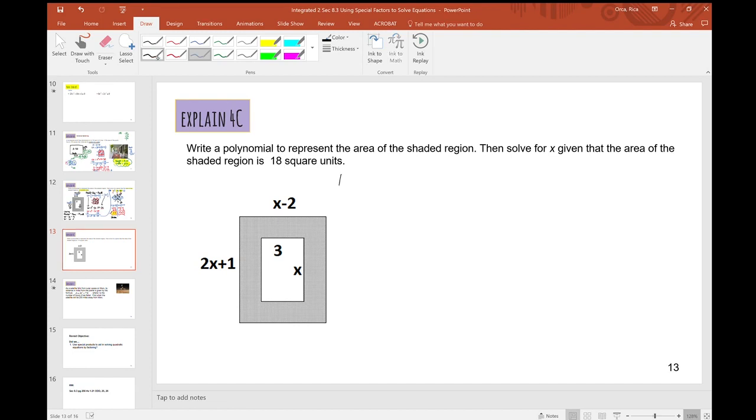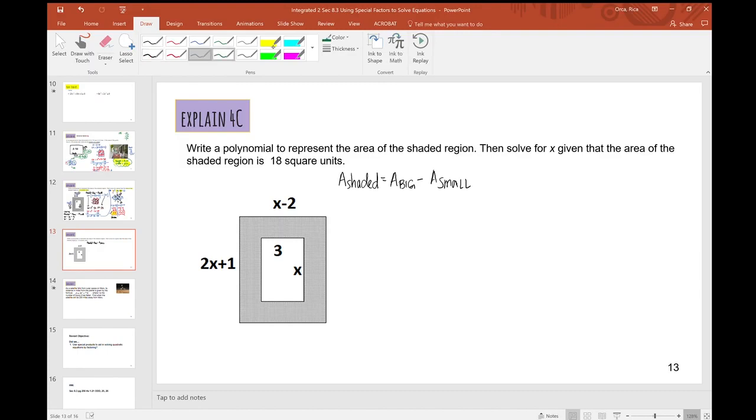So we know that the area of the shaded region is equal to the area of the big rectangle minus the area of the small rectangle. We're taking away the white rectangle. Now let's plug everything in.